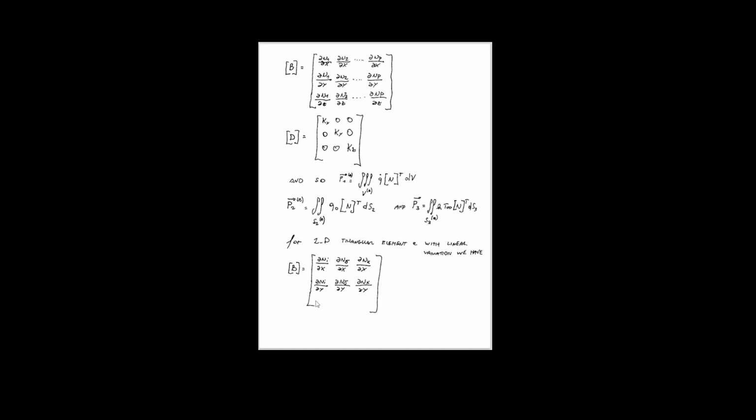We have no zeta coordinate. So we have Ni, Nj, and Nk. It is a 2 by 3 matrix. The same is true for D, which is a 2 by 2 matrix with only kx, ky on the diagonal and 0 elsewhere.